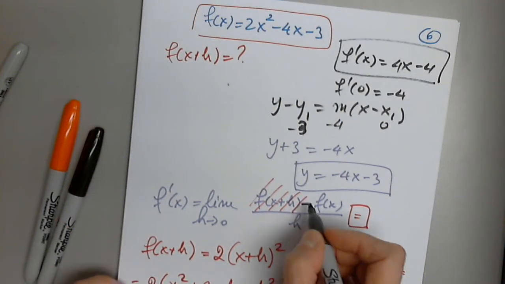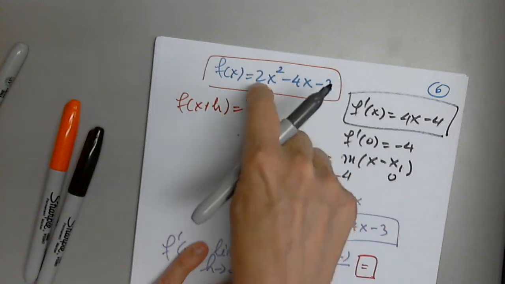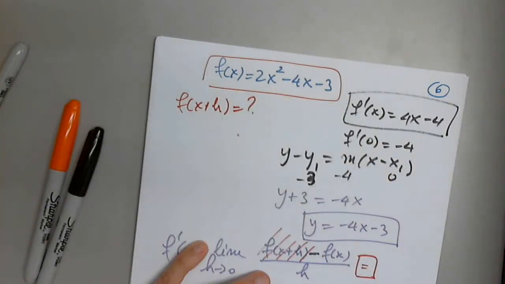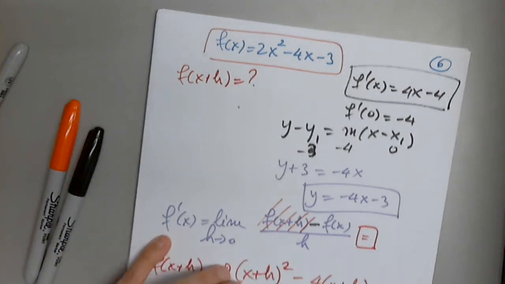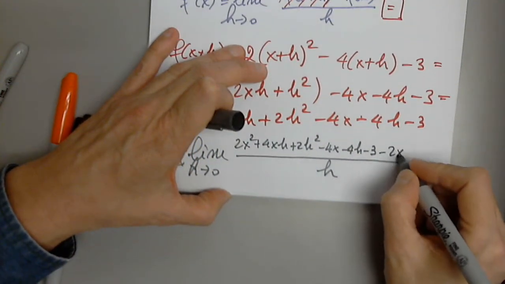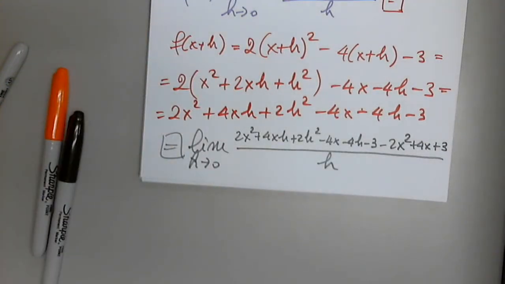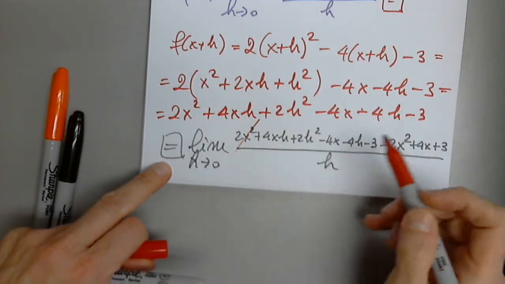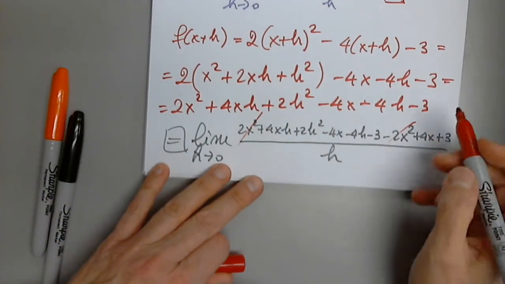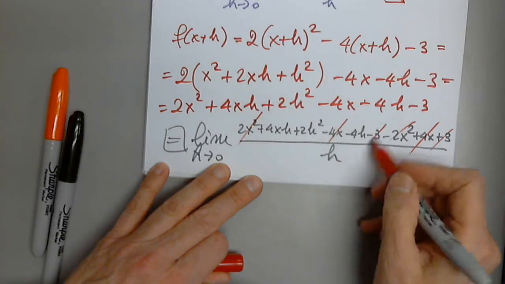And now I have to distribute -1 to all 3 terms. It's better if I distribute than using parentheses and then writing it again, but I'm fine with either one. So -2x squared plus 4x plus 3. Does everyone agree with this step? Yes? So then I can simplify, cancel out, I should say better, 4x with -4x, 3 with -3.